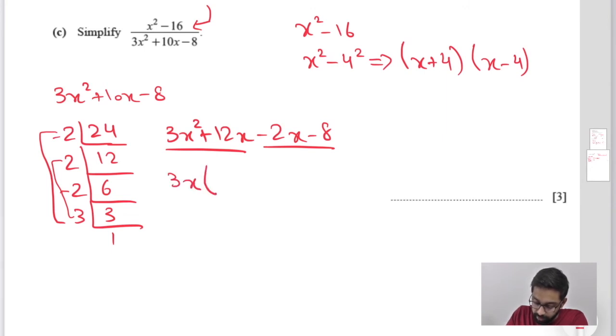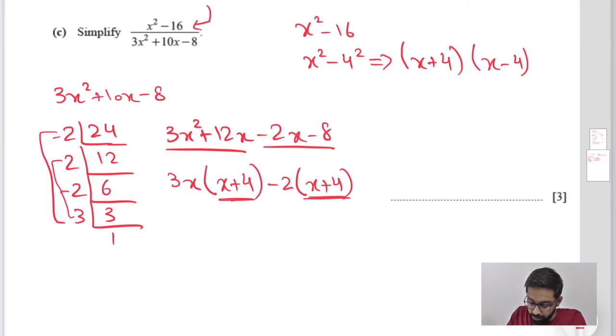So you write 3x, and inside the bracket you write x plus 4. The second part of the equation has a factor of negative 2. So you write negative 2 outside the bracket and you write x plus 4 inside it. Now, just be mindful that these two factors are the same. So your final answer would look like this: x plus 4 and 3x minus 2.